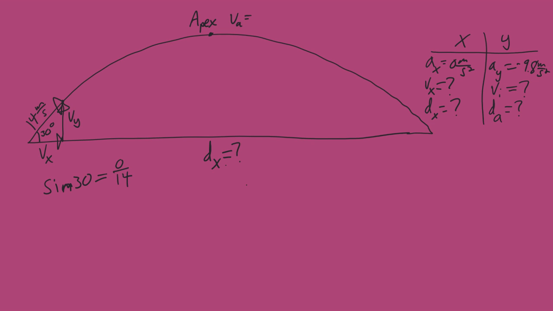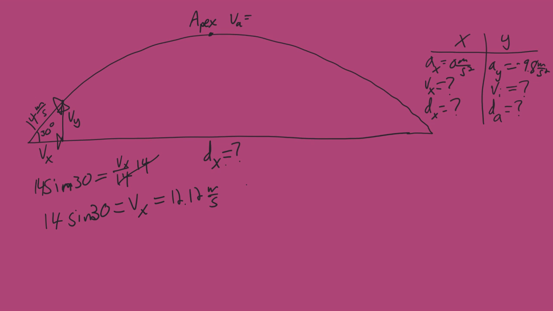So then I can just solve for the velocity in the x direction. So it should be 14 because we're going to multiply both sides by 14. 14 sine of 30 degrees is equal to v sub x, and you should get 12.12 meters per second.